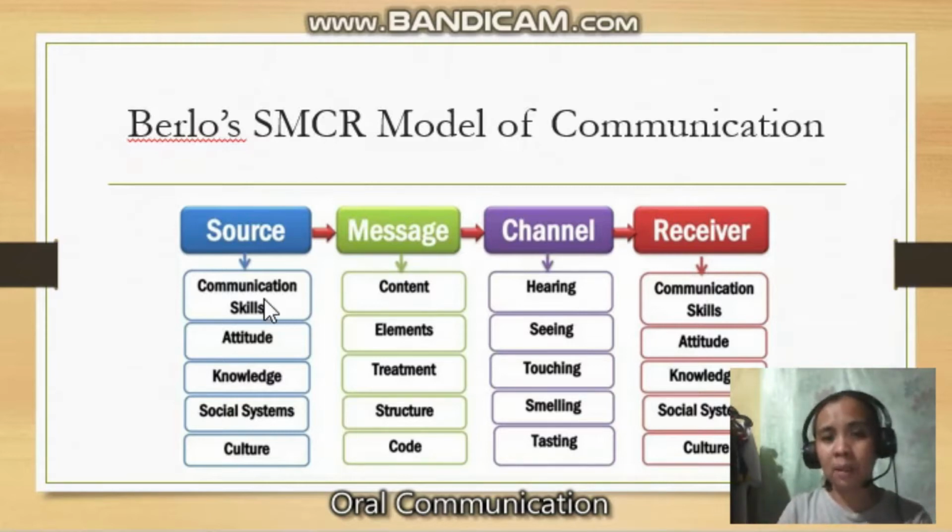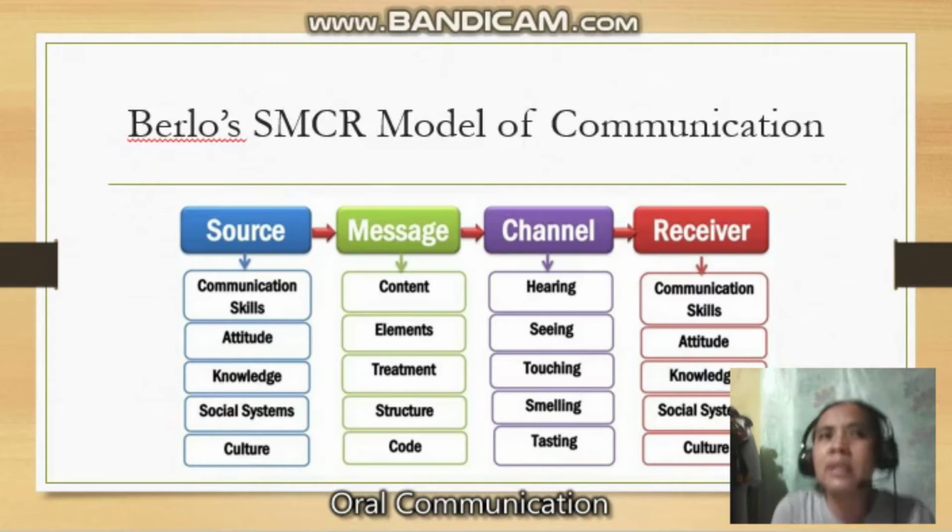Probably we could say that if the source is speaking in English and the receiver doesn't understand English, then they might not be in sync, right? So the communication may not be that effective. So the message might not have the same effect as intended if the receiver and the sender are not similar. So the receiver must also have very good listening skills. The receiver must also be able to understand the language that is used by the sender for the communication to be effective.